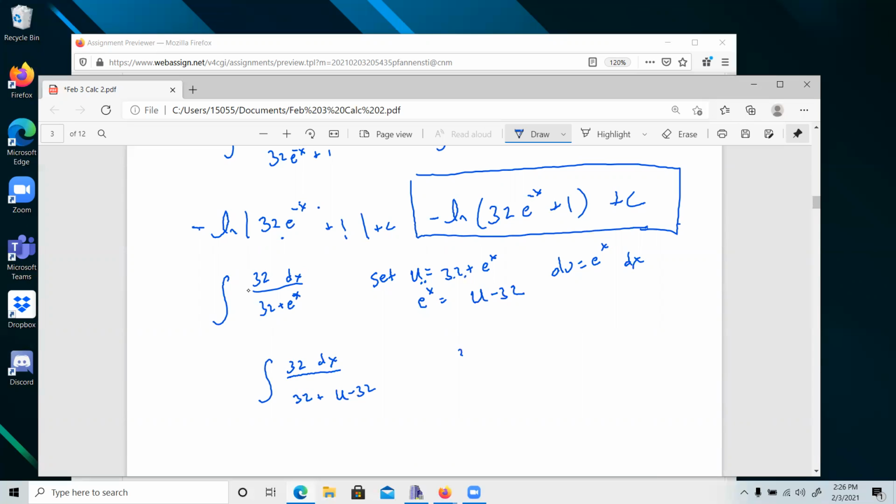So we have 32, this is du over e to the x, over u. e to the x was equal to u minus 32, so here we go. This is going to be 32 over u times u minus 32 du. We change the e to the x into this thing and integrate that.